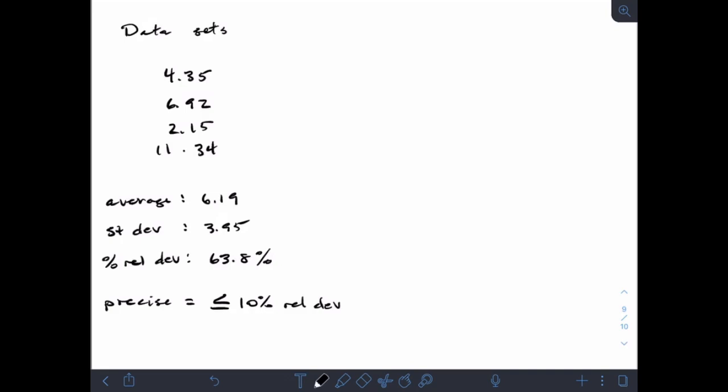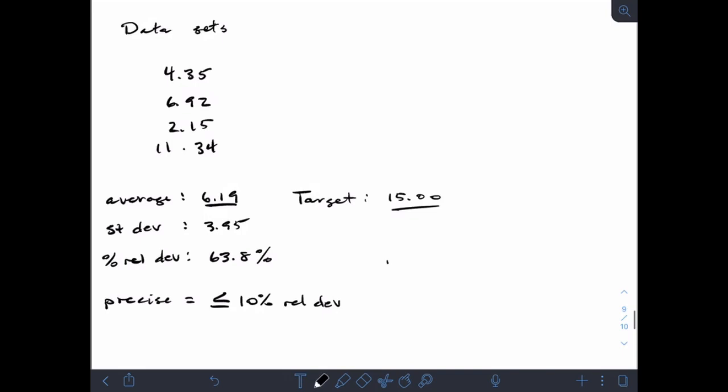Now, our accepted value, our target value for this experiment is 15.00. So if our average is 6.19 and our accepted value is 15, we're kind of a long way off from our target value.